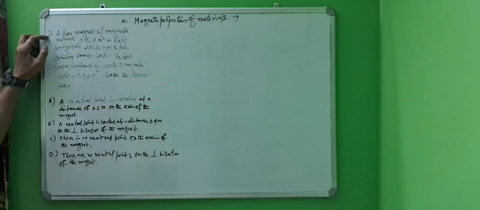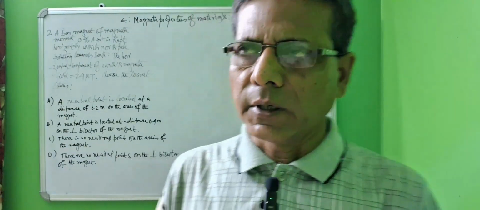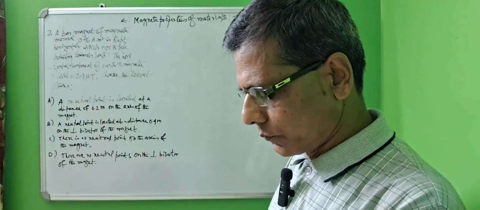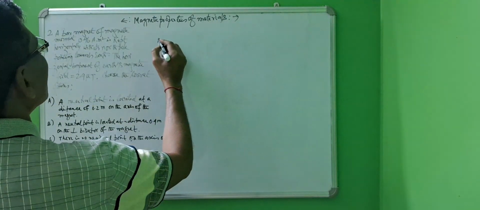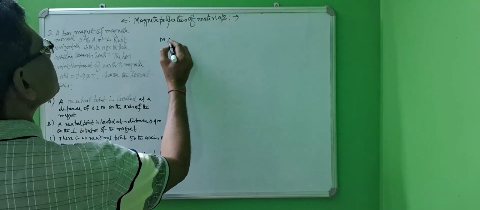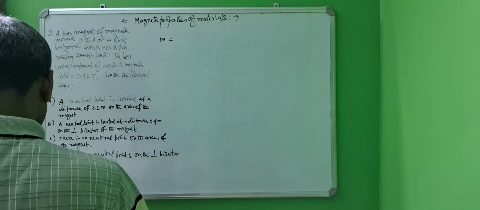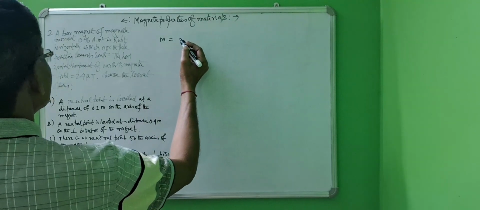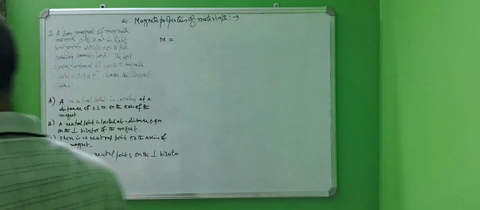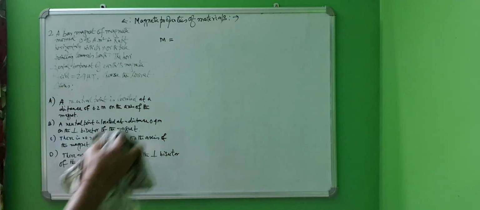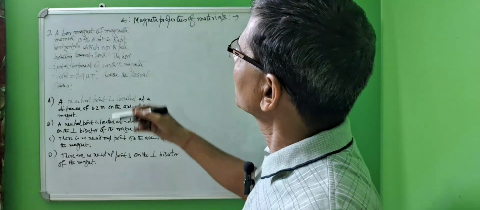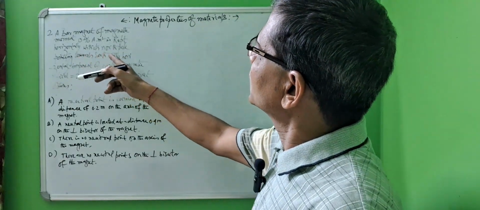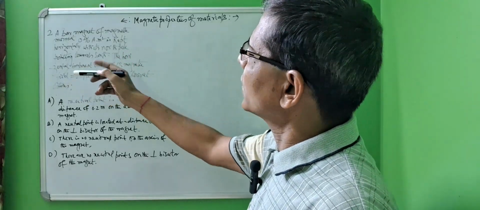This one is question second. A bar magnet of magnetic moment 0.96 ampere meter square. The unit of magnetic moment is ampere meter square. We know this is kept horizontally with its north pole pointing towards south.